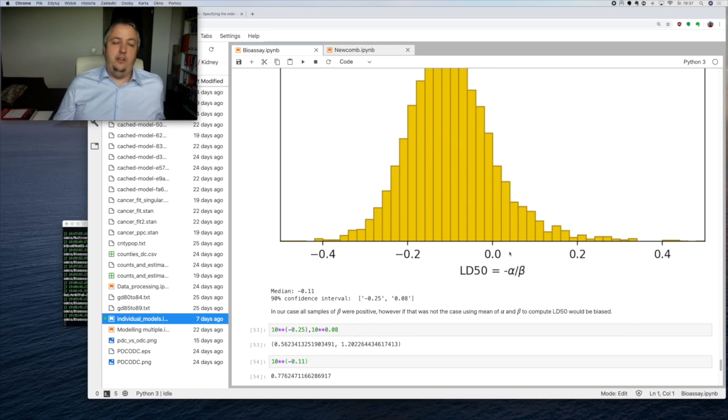We get the 90% confidence interval, we get the value, and we can see that the histogram sums up our uncertainty. And that, ladies and gentlemen, is everything about this introduction to multi-parameter models.